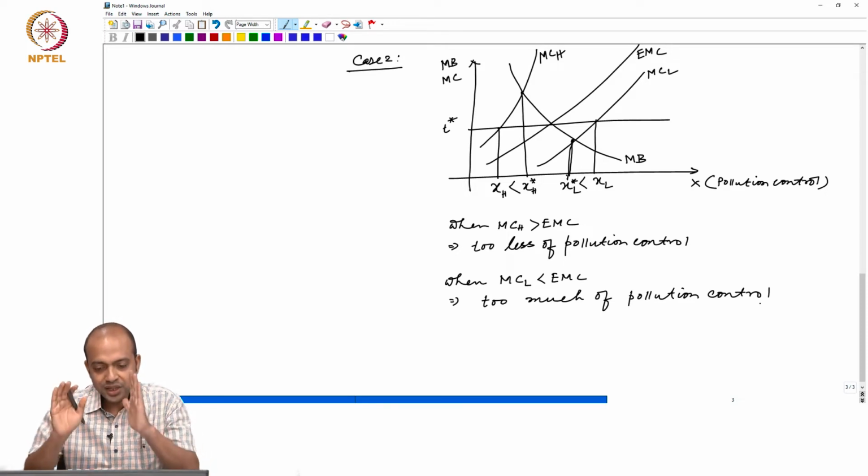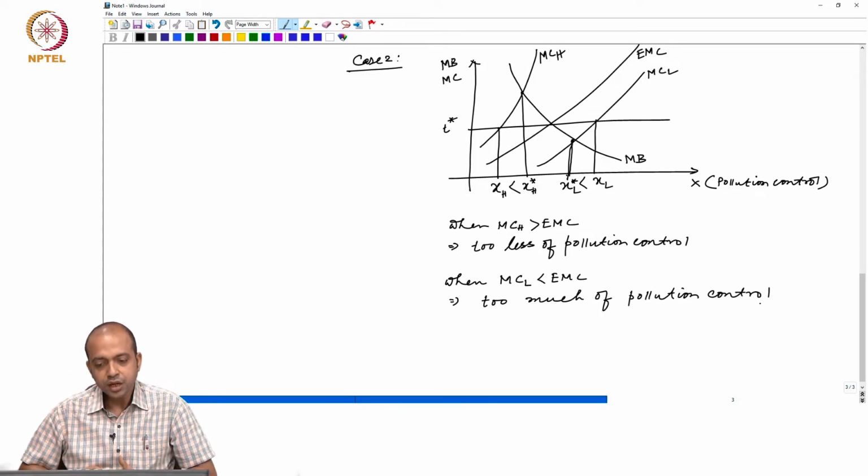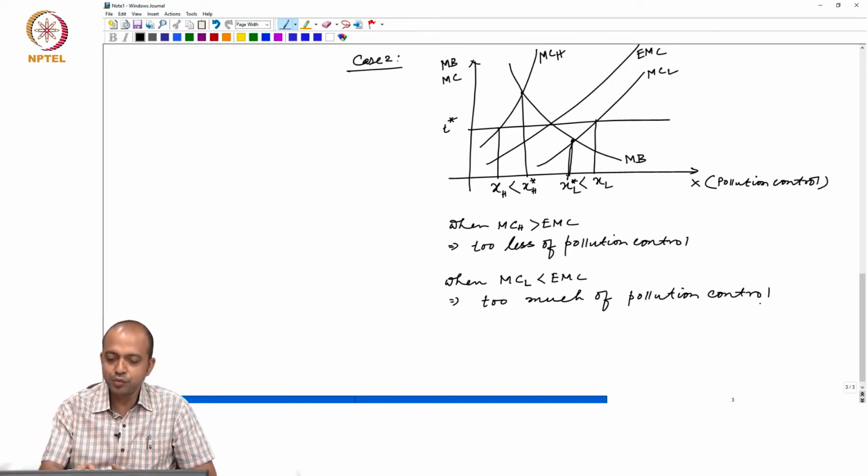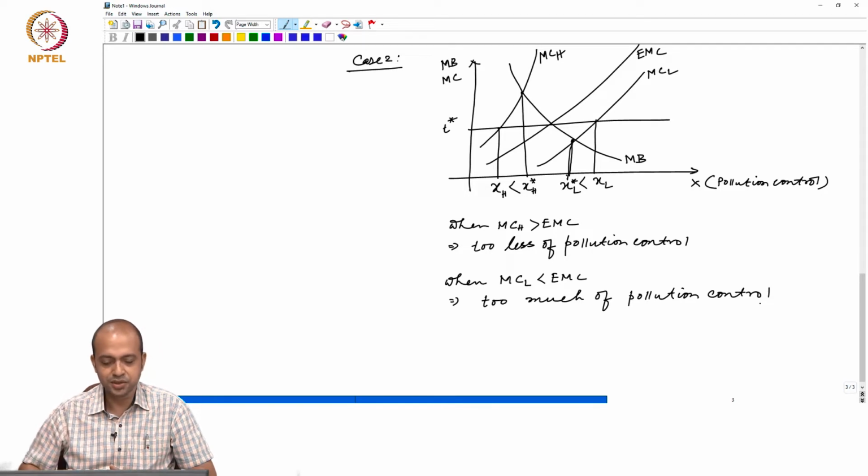So one thing is clear: there is a divergence between private optima and social optima in both cases, when MC is higher than EMC and when MC is lower than EMC.